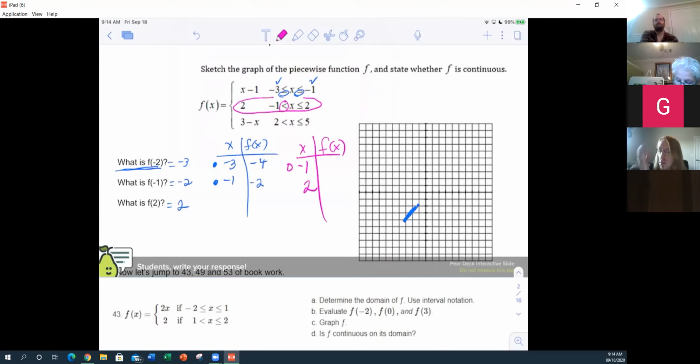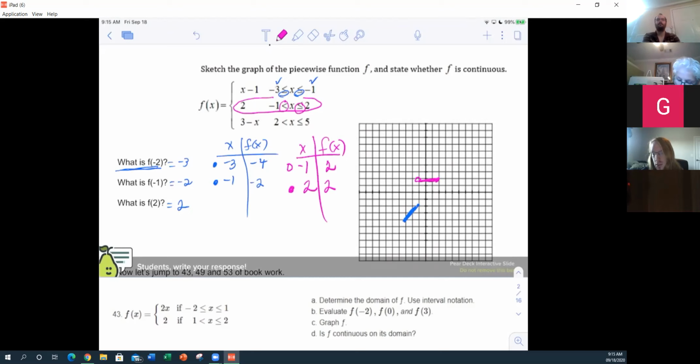But the 2 would be a closed dot. And everywhere in that interval, f of x is just 2 because it's constant. So -1, 2 is an open dot, and 2, 2. So it's just that little piece right there.